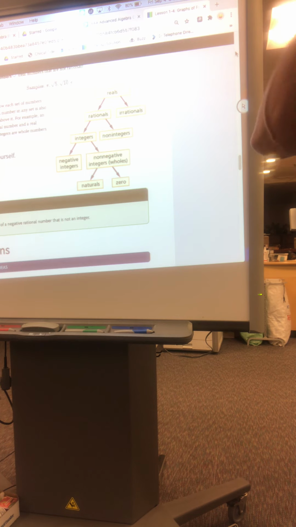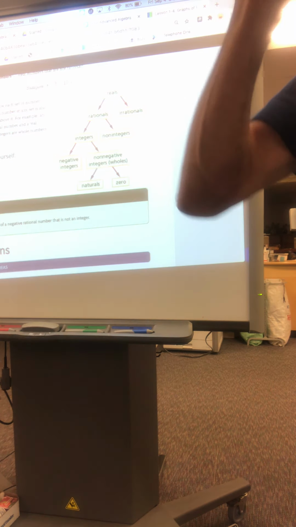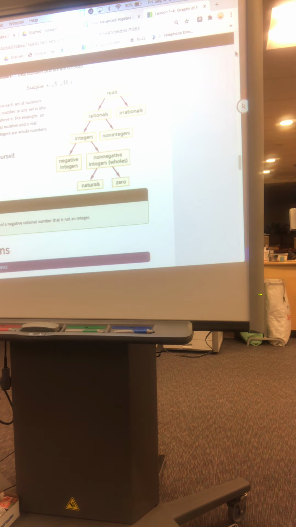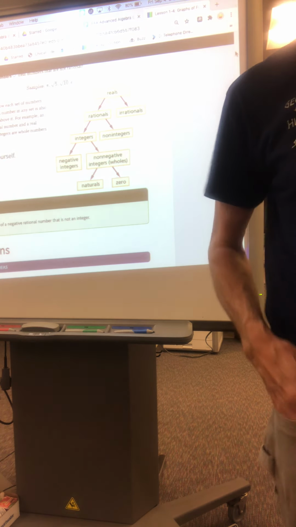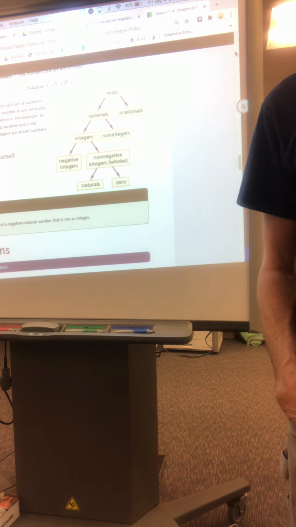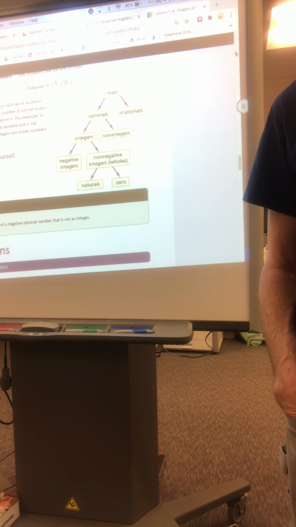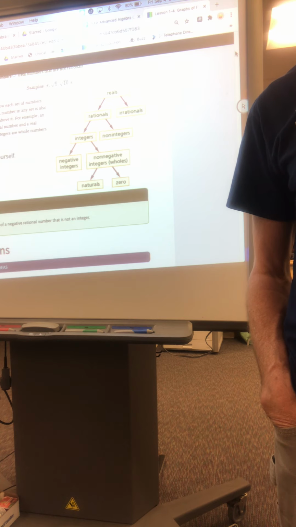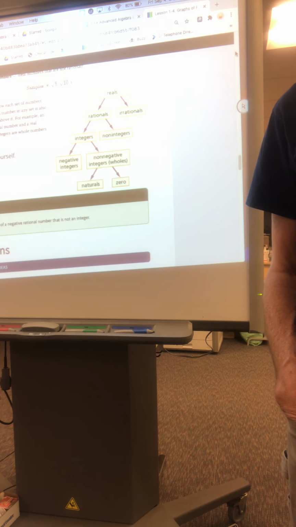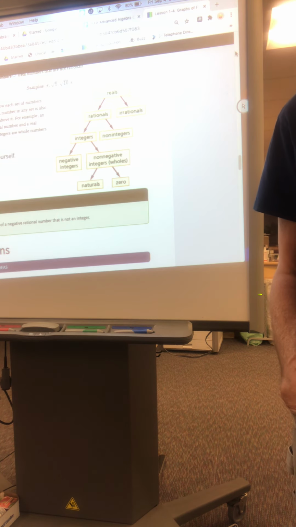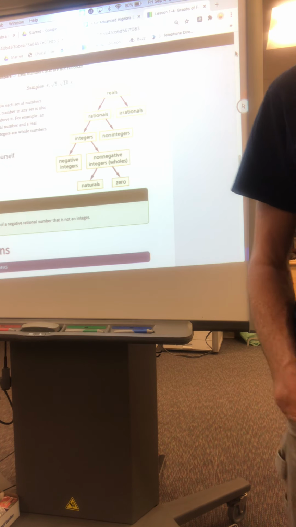That's okay. Rational numbers are numbers that can be written as a simple fraction. Any number that has a repeating decimal may be written as a fraction. 0.3 repetend is a third.